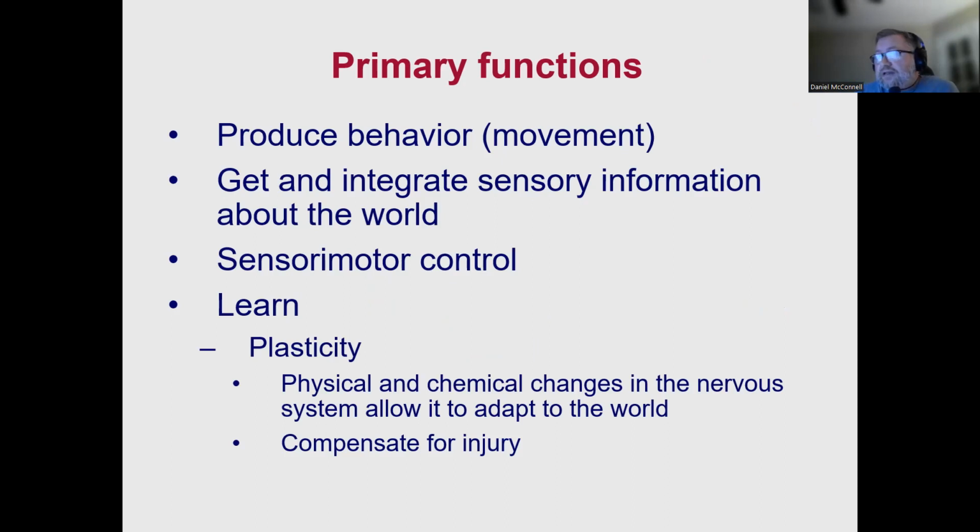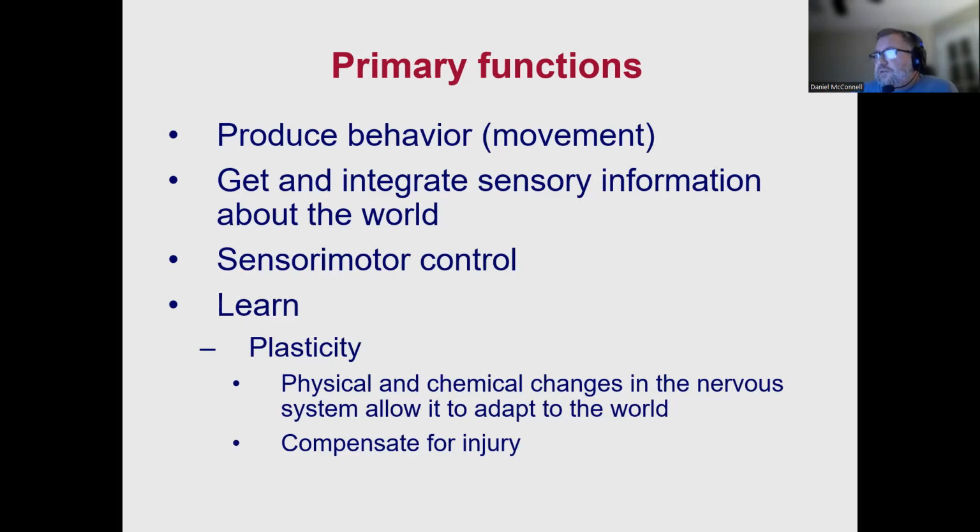So we need to bring in that sensory information and integrate it across all of our 5 senses. And then, of course, using that directly in the control of movement is what we tend to call sensory motor control. That's a large area of research in neuroscience and psychology.